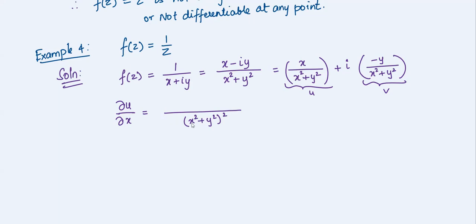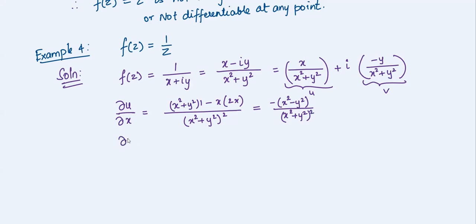So denominator square, u by v rule, then x square plus y square times 1 derivative minus x times 2x. So we get minus of x square minus y square by x square plus y square the whole square.